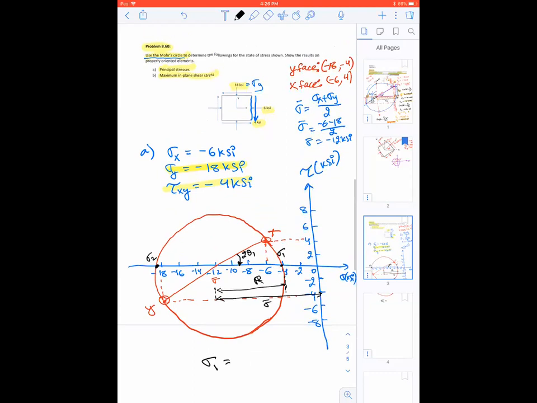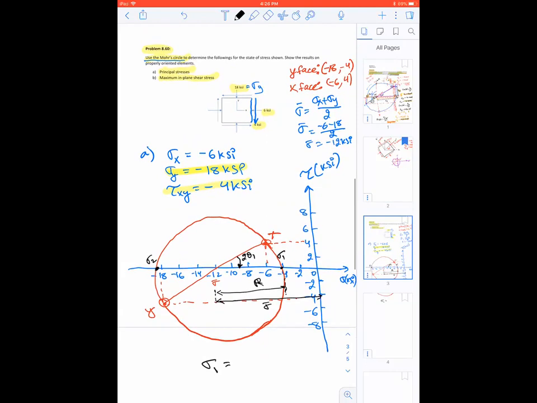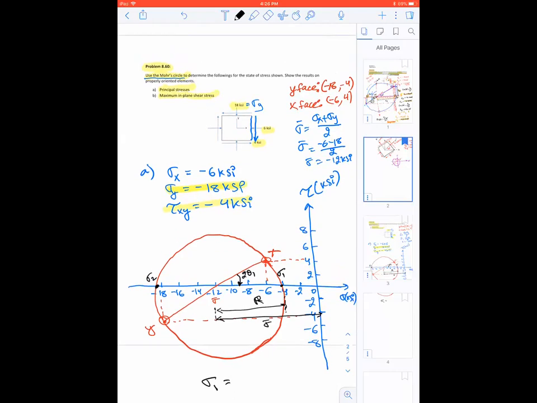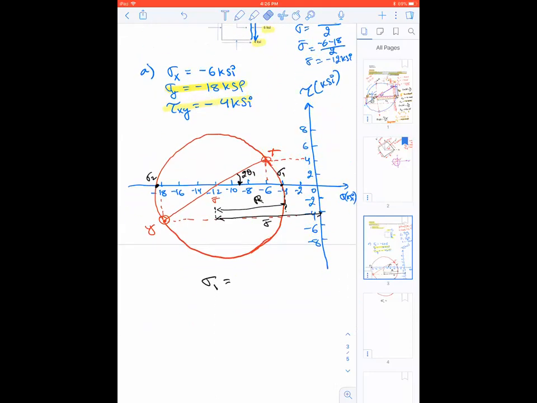So let's calculate the radius, people. You can easily calculate the radius. If you draw it to scale, you can actually measure it, okay? But let's first calculate the radius.